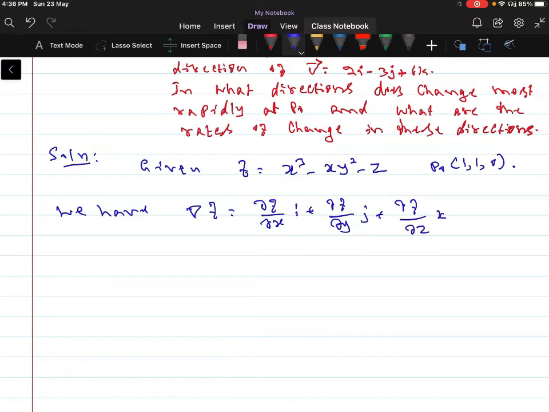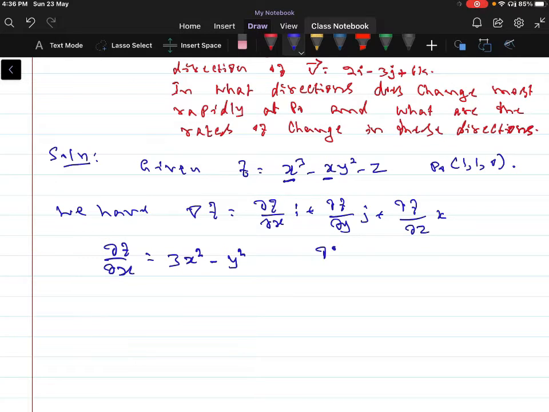We get del f by del x is equal to the differentiation of x cube, which is 3x square, minus the differentiation of x y square, where y square is constant and the differentiation of x is 1, minus the differentiation of z, that is 0, because while differentiating with respect to x partially, the other variables y and z are constants.